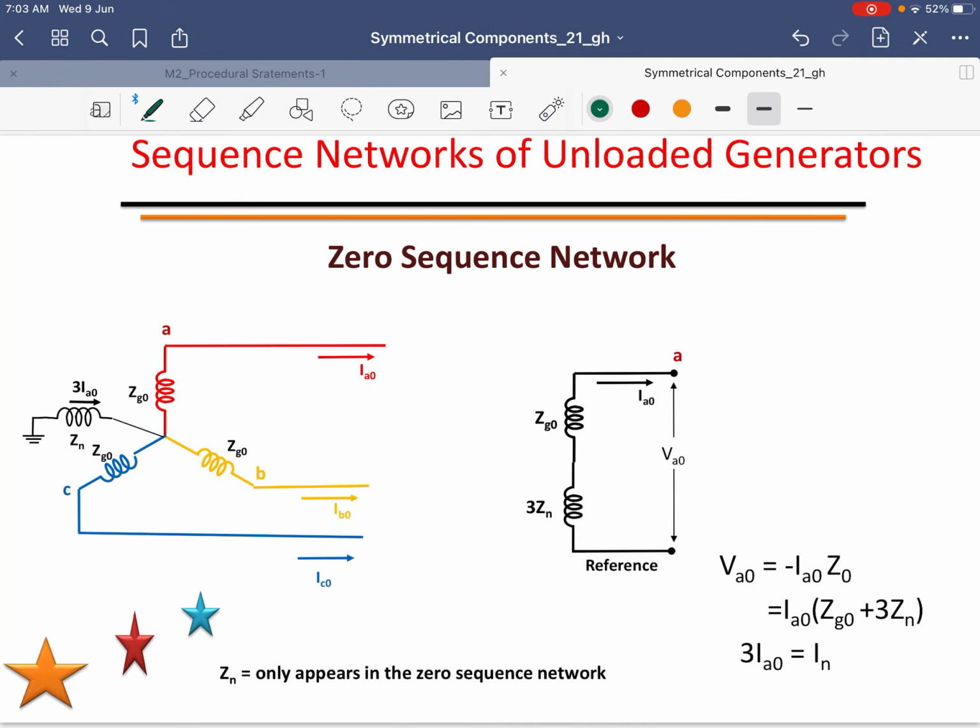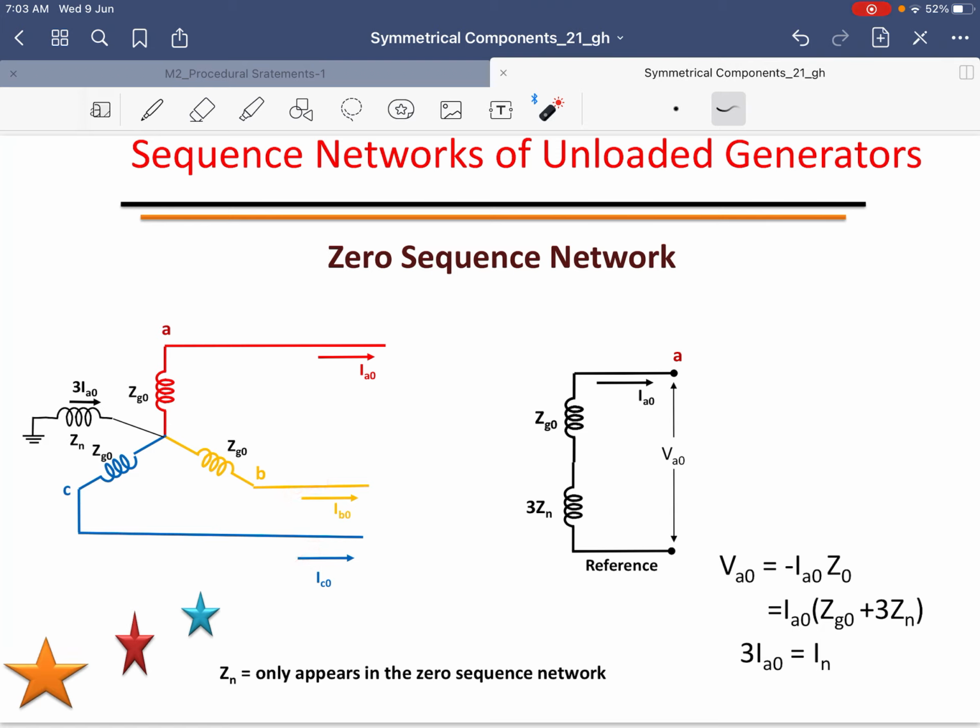As far as the zero sequence network is concerned, for the unloaded generator, you have to carefully observe here that it is grounded through an external impedance of Zn. Once again, the currents flowing in all the three phases, IA0, IB0, IC0, are balanced in nature.